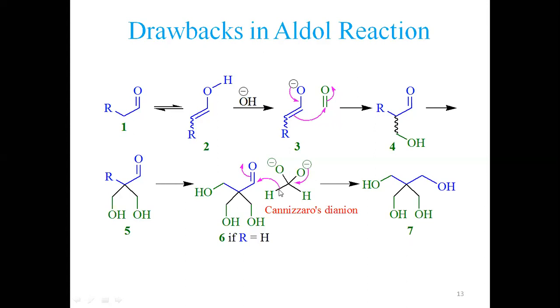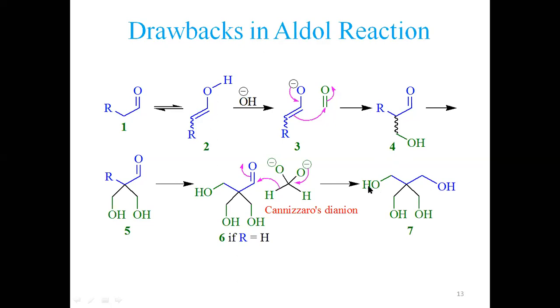In this dianion, this oxygen donates its electron pair, transferring here, and this hydride transfers. This hydrogen with its electron pair transfers here, and it reduces this one as well. And you see, this is the structure. Look at this one: carbon bonded with four hydroxymethyl groups. We started with structure number one.